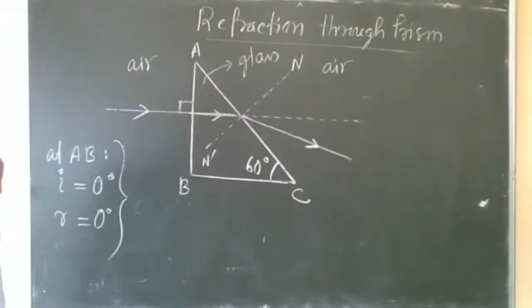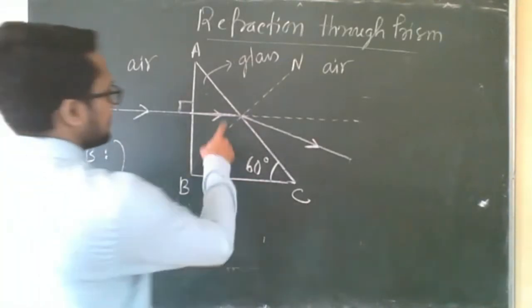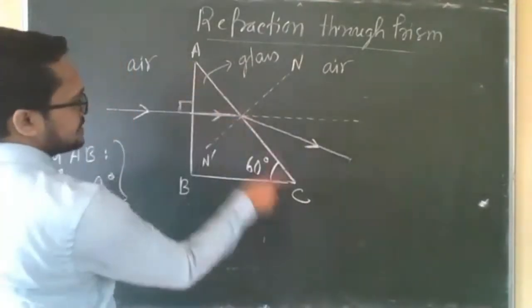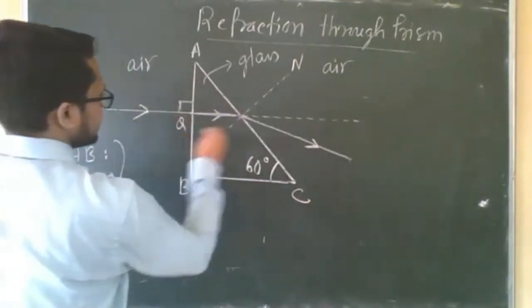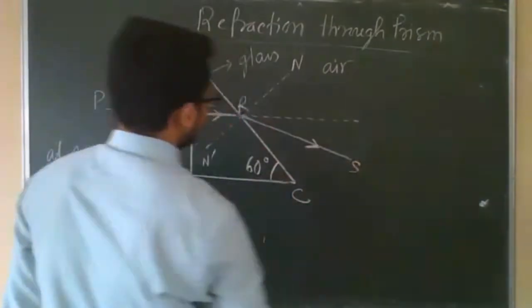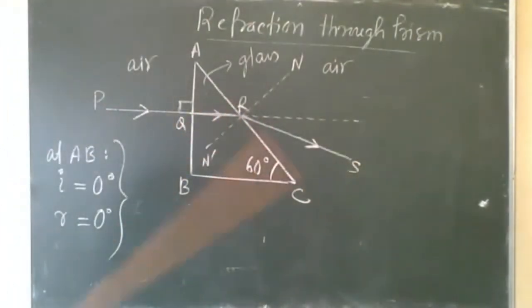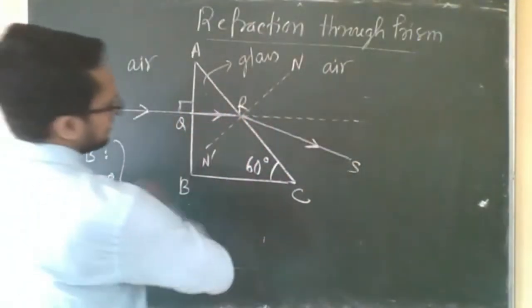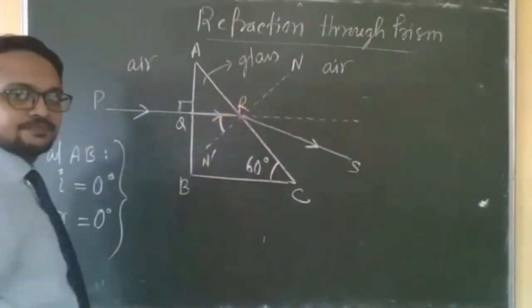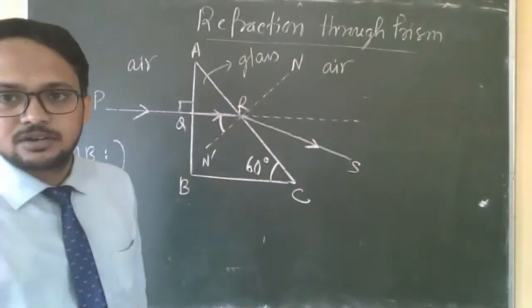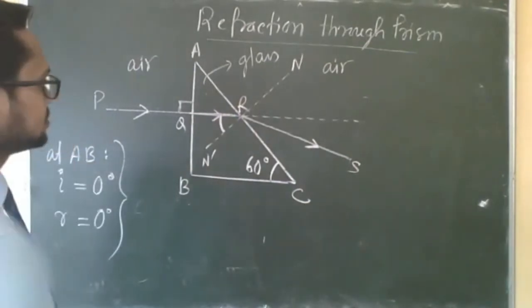Now come to the angle of incidence at surface AC. Give the rays the names P, Q, R, S. Which one is the angle of incidence? This one, with the normal. We want to find this.